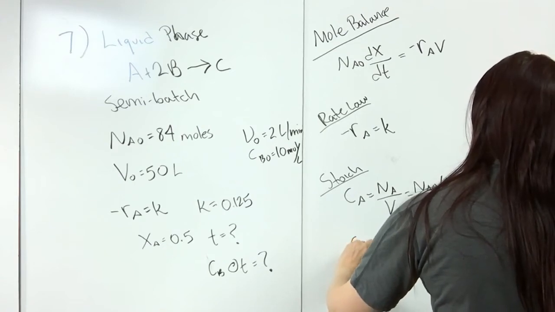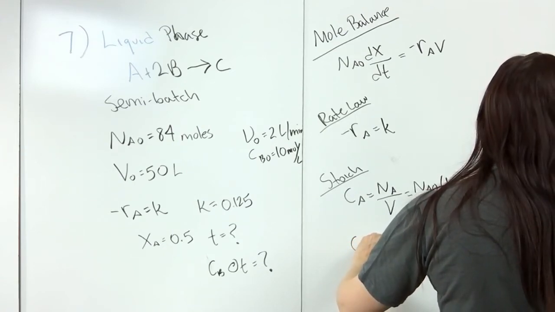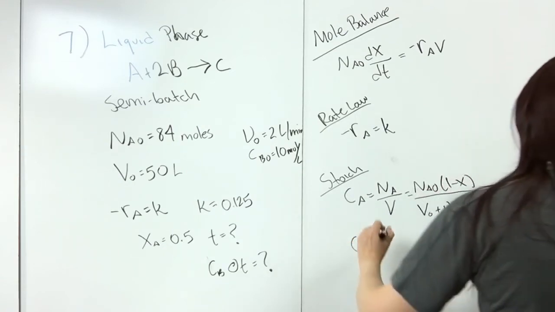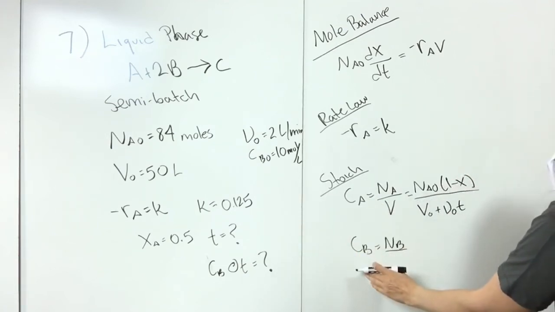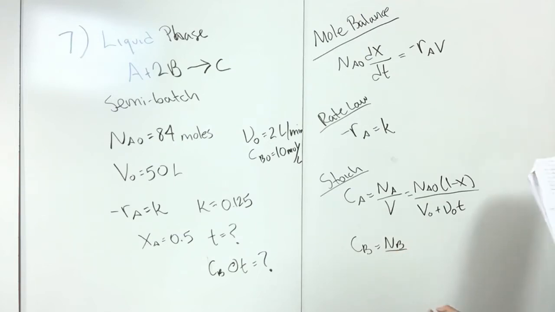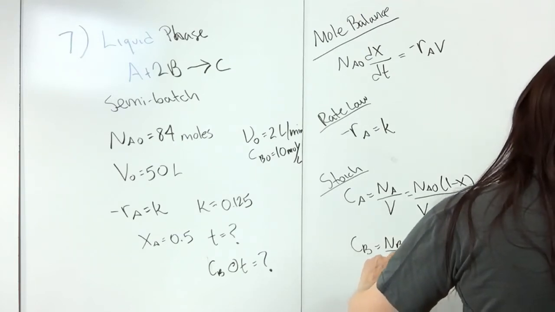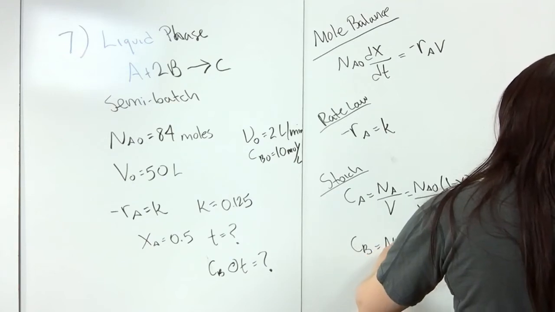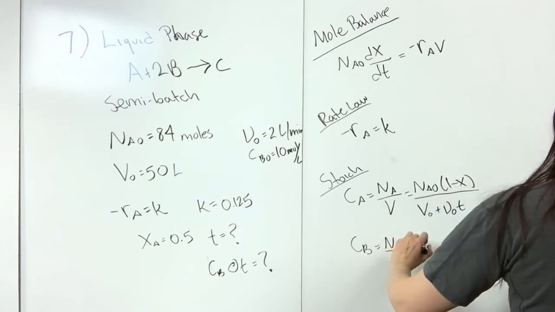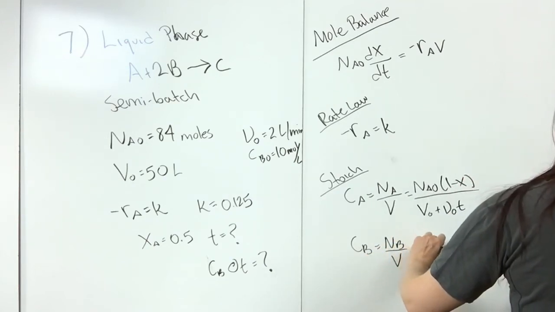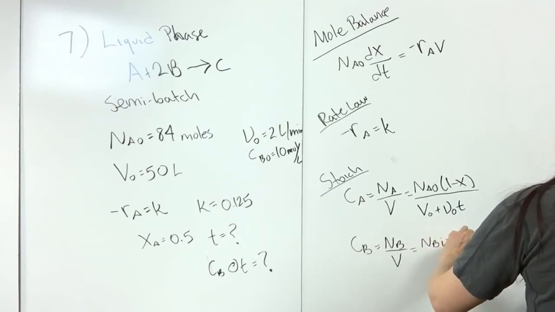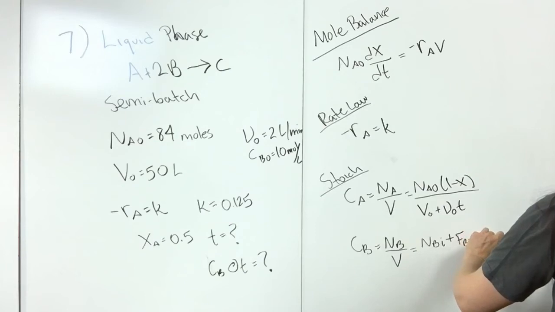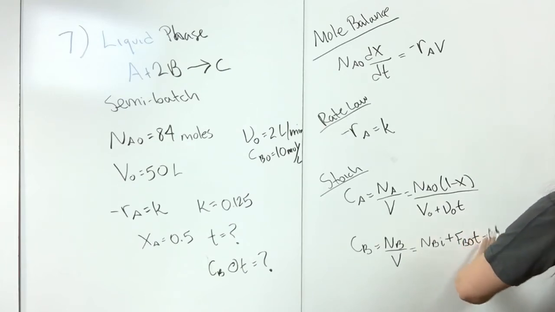And then for Cb, we have Nb, and actually we do need an equation for Cb. So Cb is equal to Nb over V, and that is equal to what we have initially plus what we add minus what was reacted.